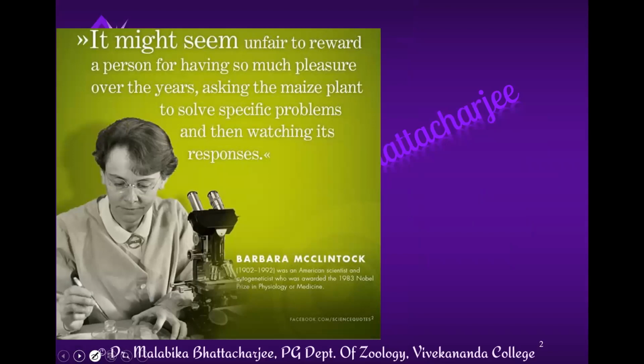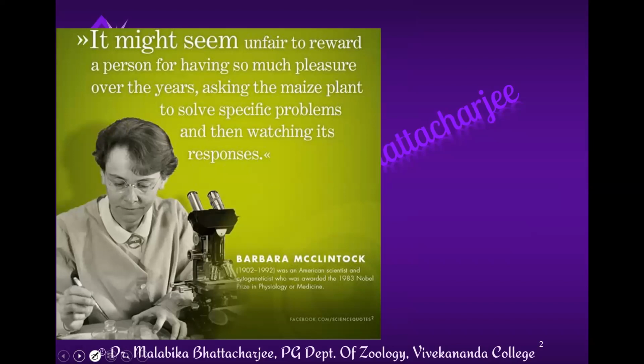Now, how do we relate transposable genetic elements to Barbara McClintock? It was her lifelong study with maize that finally gave scientists insight into what these mobile DNA elements are.